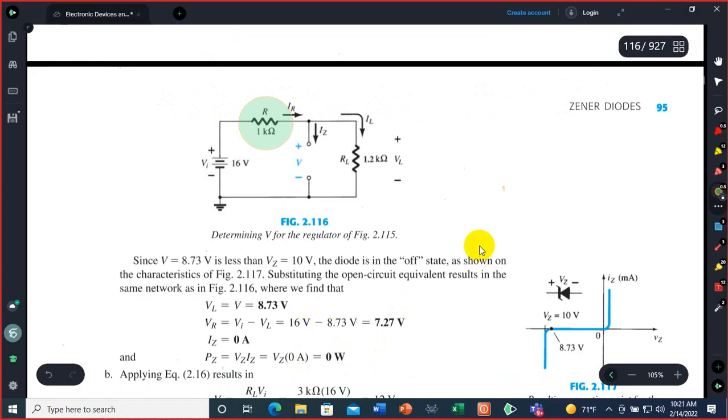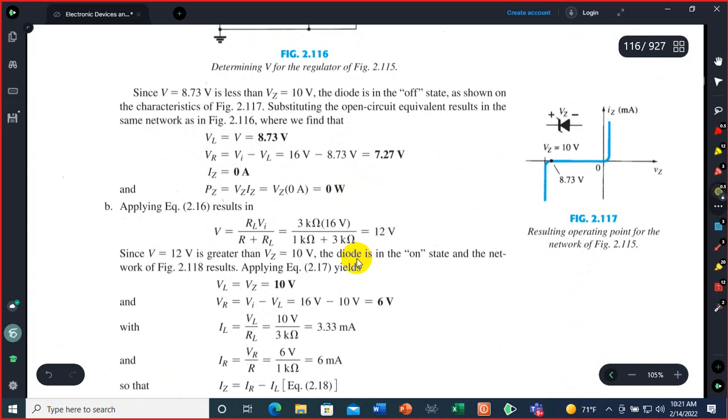As you change the load resistance from 1.2 kilo ohm to 3 kilo ohm, the voltage across the load has been increased from 8.73 volt to 12 volt.